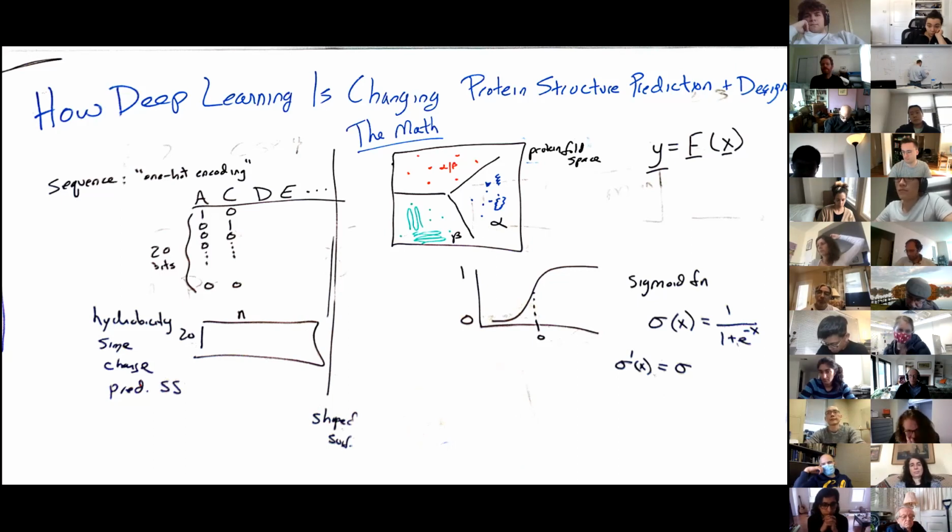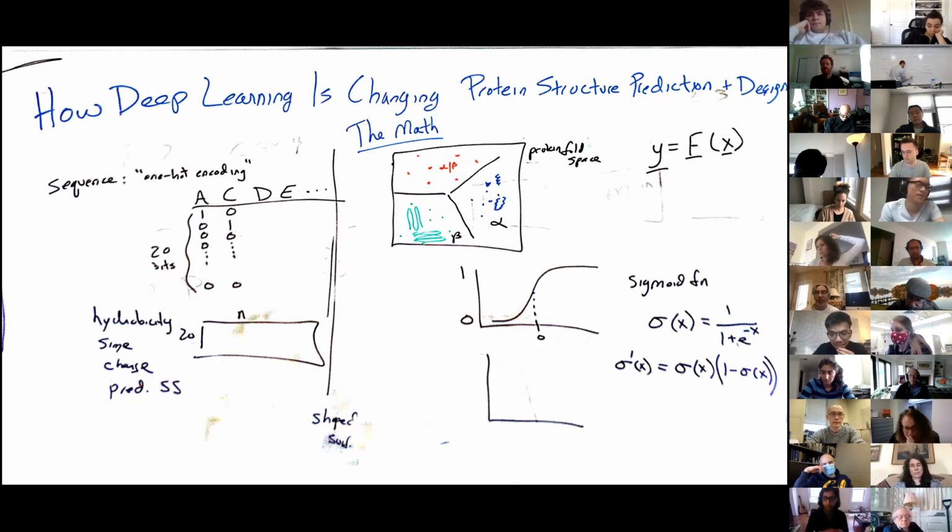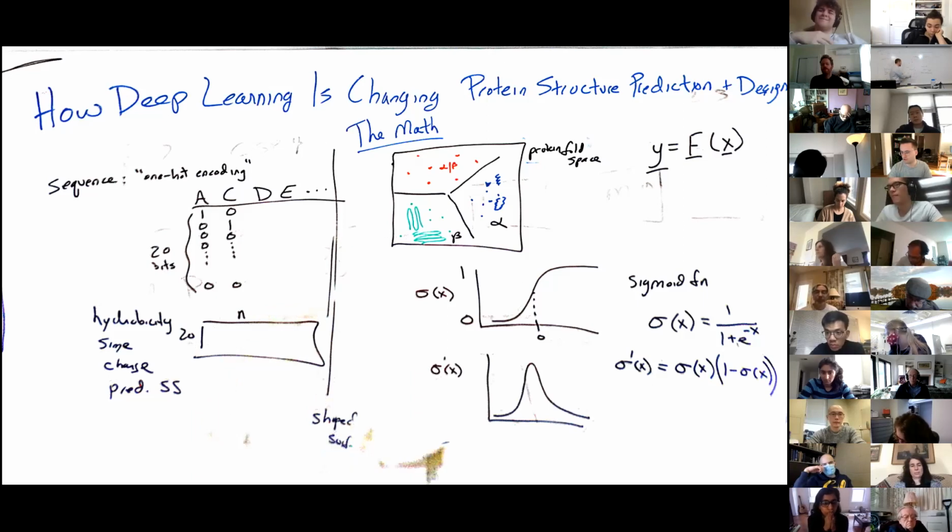If you do sigma of x times 1 minus sigma of x, and you plot sigma prime of x, the derivative looks like that. It basically says around 0, that's where the separation is, and you separate from one side to another. So it focuses right on that region.